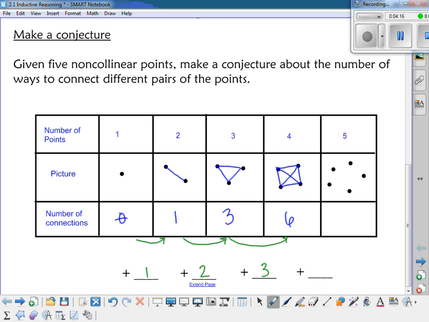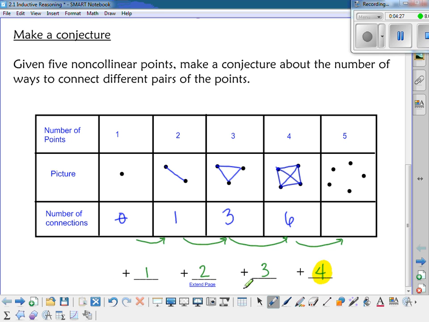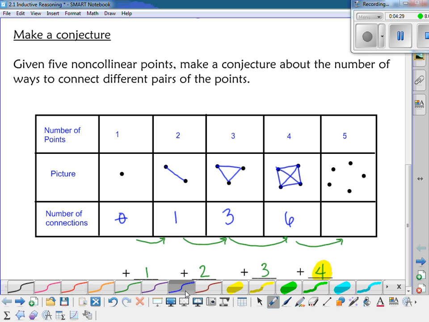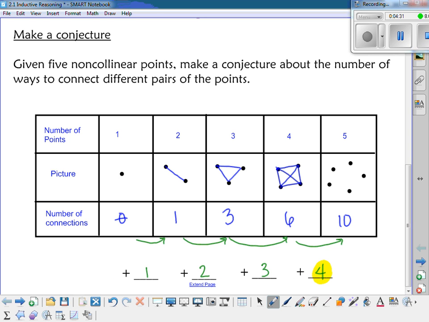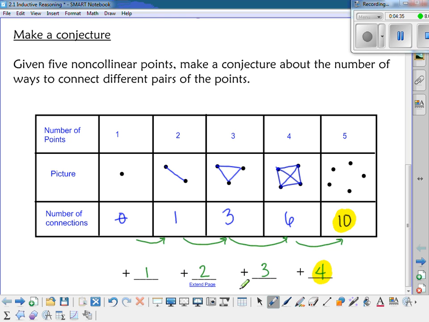So we can make a conjecture that if I go 1 more, I'm going to be adding 4 to that. And so then that would mean 6 plus 4, there should be 10 connections. So that would be my conjecture, that there will be 10 connections between the points.